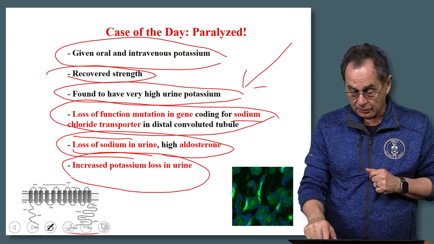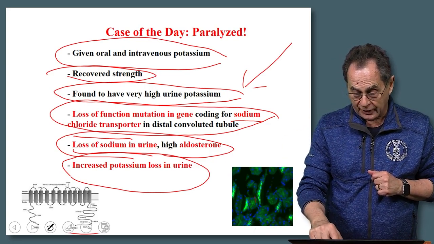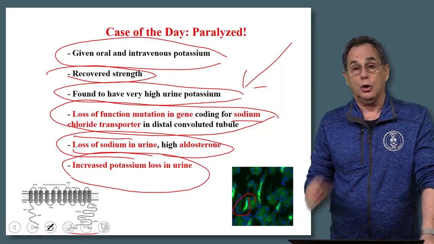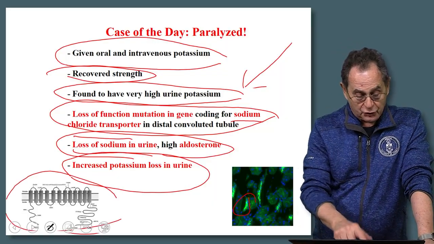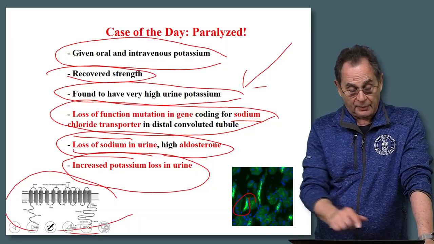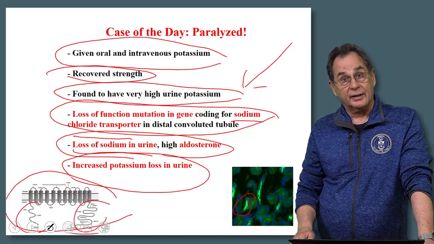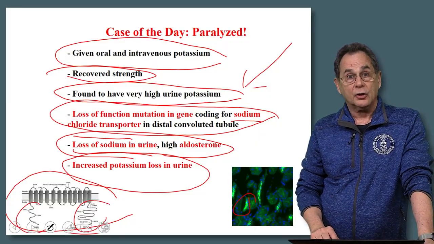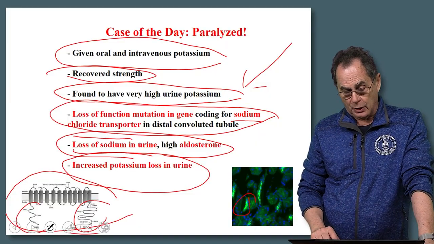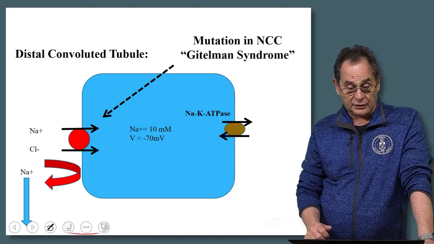The sodium chloride cotransporter is shown here in the fluorescence. It's a luminal transporter. Here's a cartoon of it. It has several membrane-spanning segments and indeed domains within the cell that regulate its activity in an increasingly complicated manner. And so that's shown here.